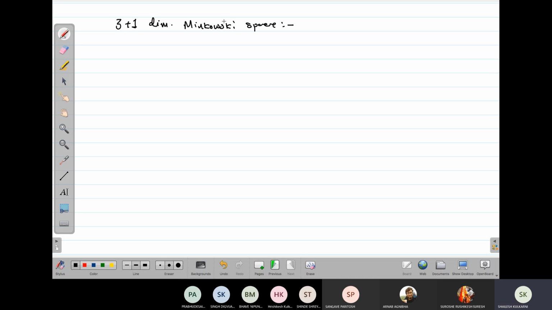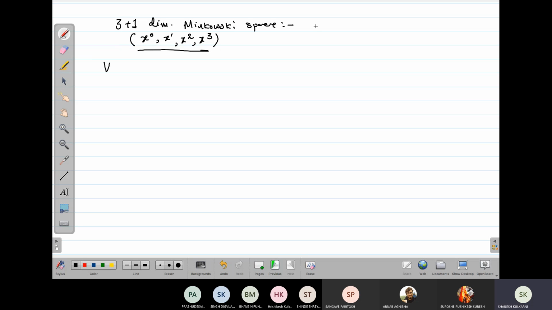Any point in this space we label by 4 numbers x0, x1, x2, x3. These are the 4 numbers used to label any point in 3 plus 1 dimensional Minkowski space. Why I am writing plus 1 and not just 4 dimensional Minkowski space will be clear later on. So any point in Minkowski space is labeled by these 4 numbers.